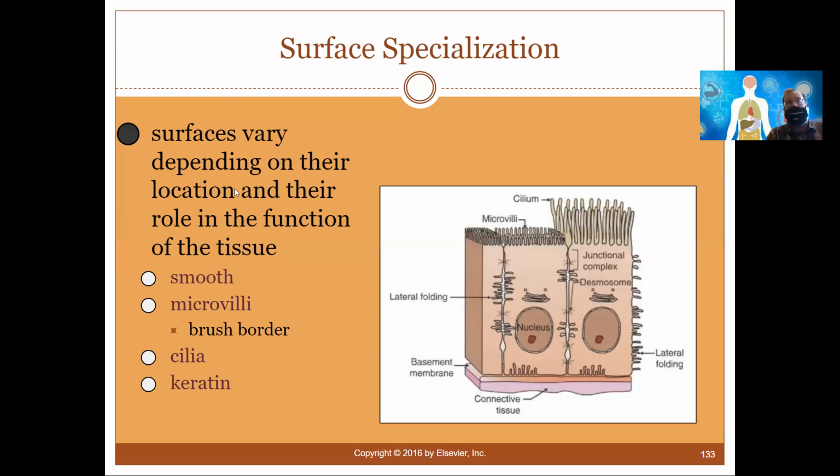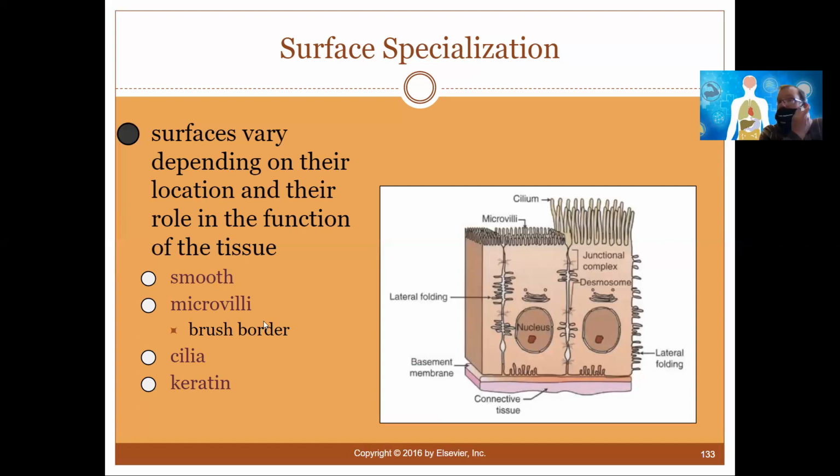These produce the pigment of our skin. And then lastly are Langerhans and Merkel cells. These are probably less than 1% of your epidermal cells.